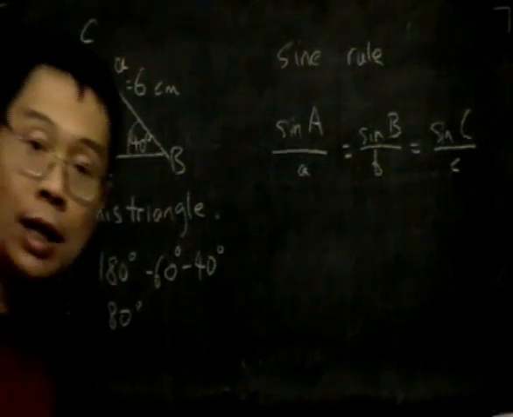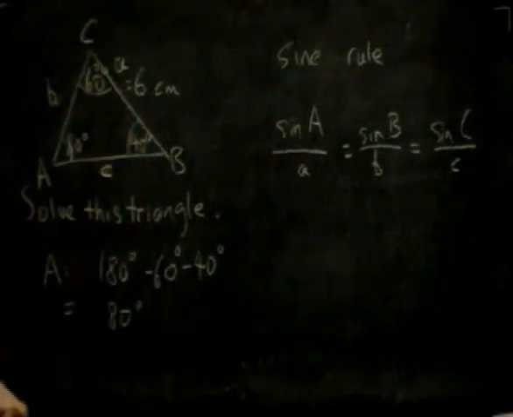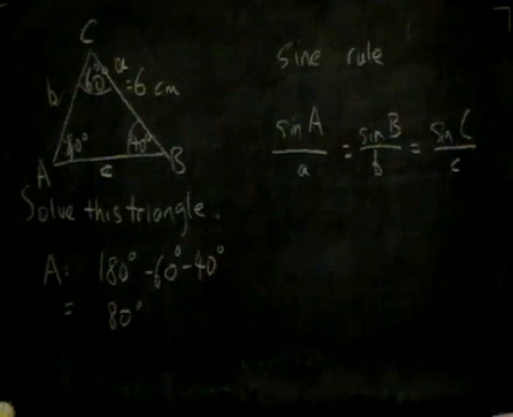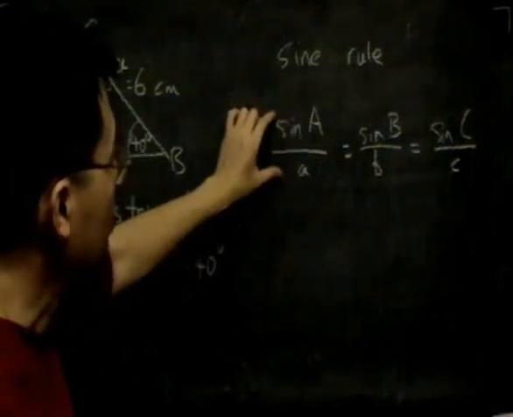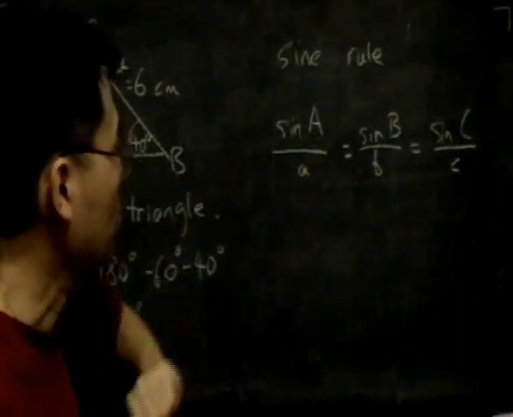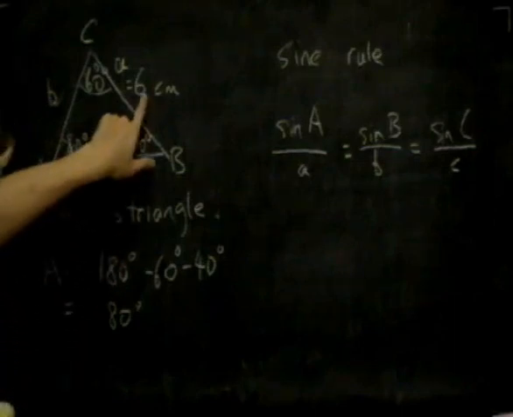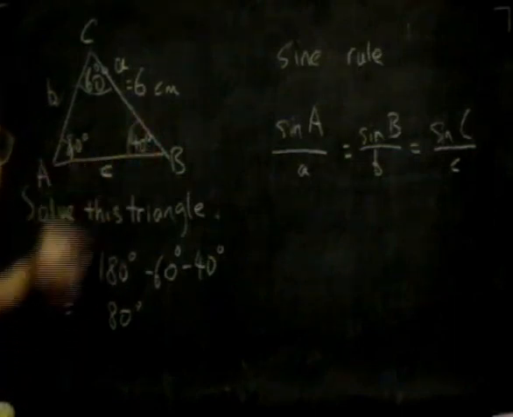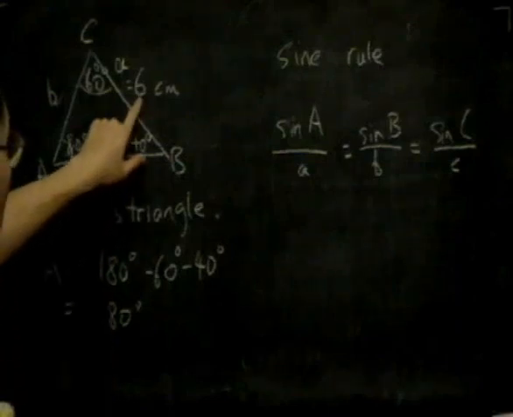So here's where we can use the sine rule. Now if you recall, in the sine rule, each of these requires us to know an angle and the opposite side. In this case, we know this side, we know the opposite angle. Let me try and write that down.